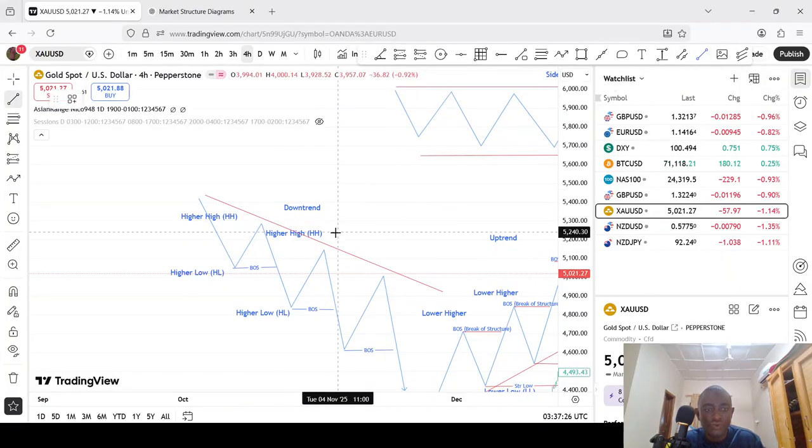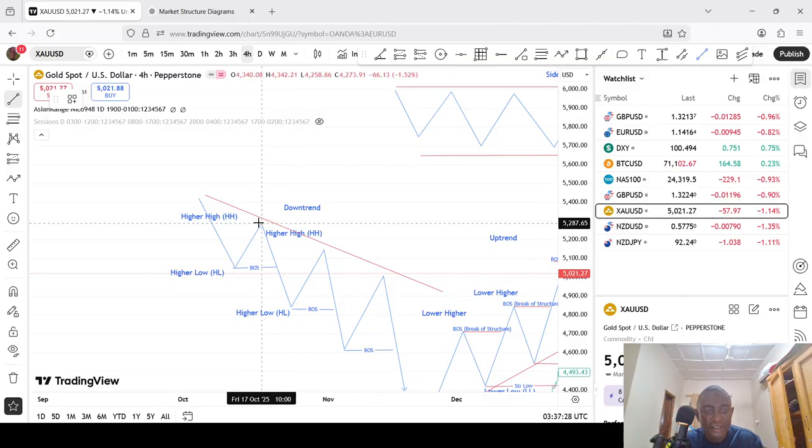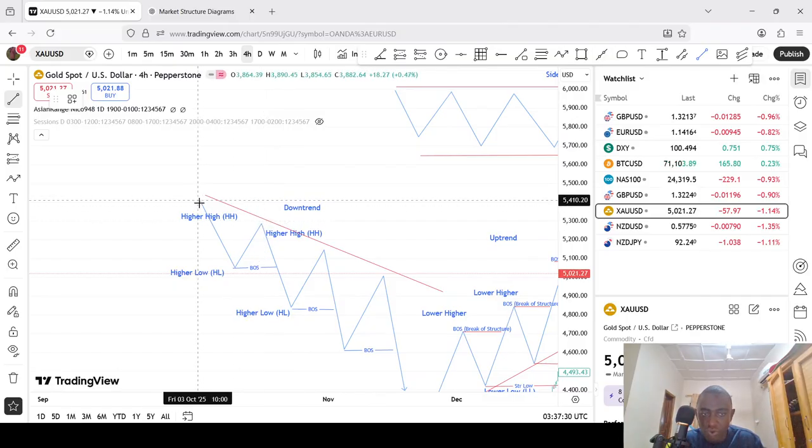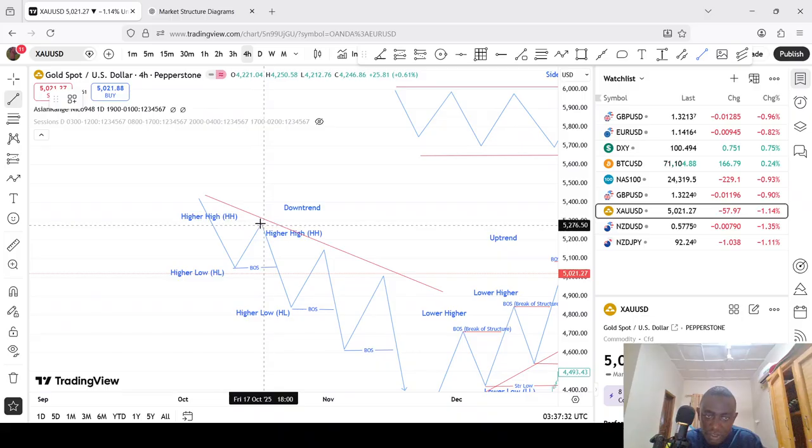In the downtrend too, you draw the lines, because here price came from the top and used this place to break this level. And I'm saying when price breaks through the last price level, the last low that it made, we mark that as a BOS.